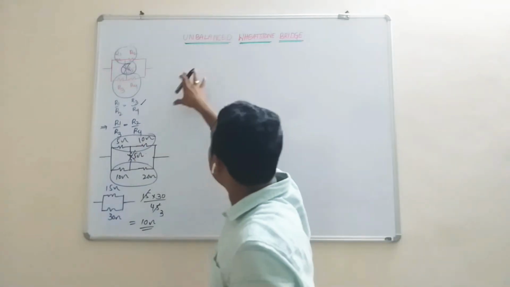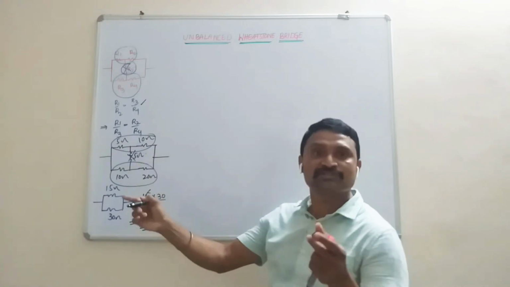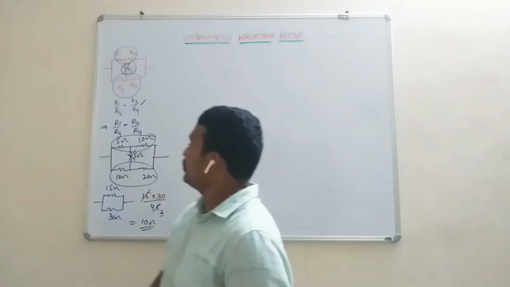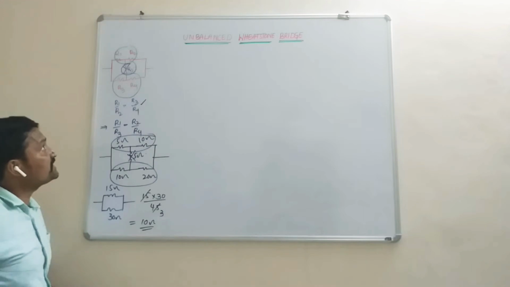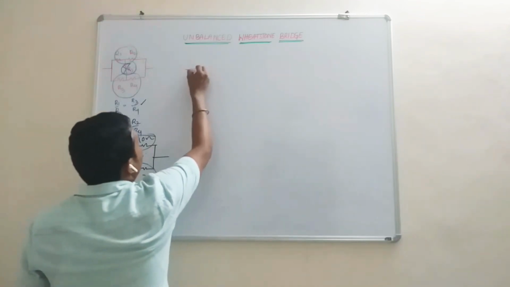Suppose now I write down an unbalanced Wheatstone bridge by changing the positions of the resistances. Look here.